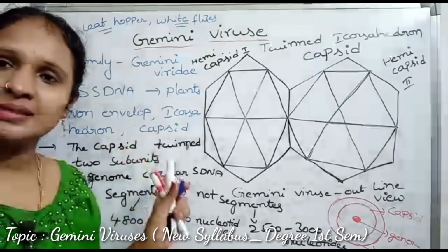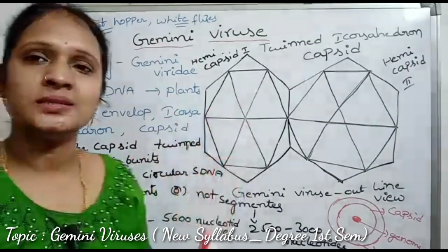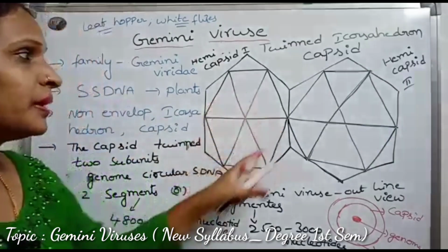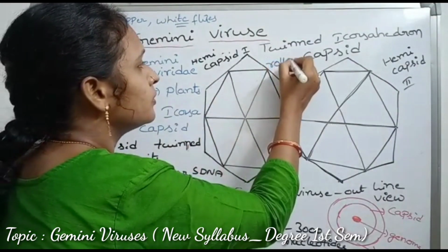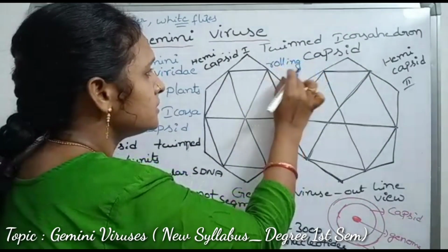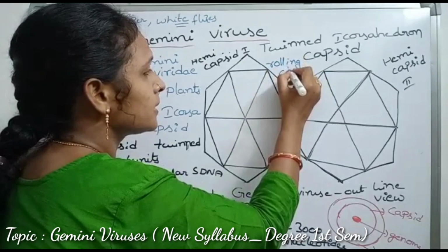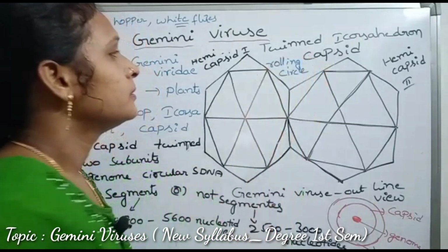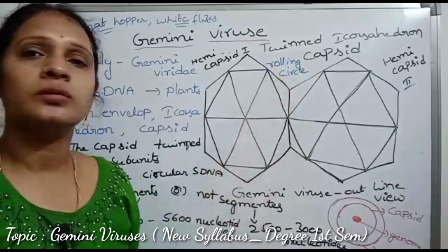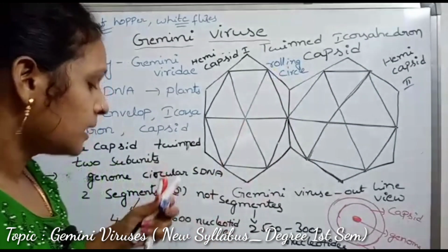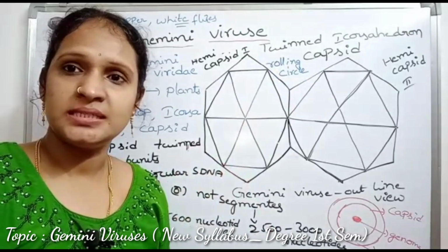Their mode of genome replication is rolling circle. So Gemini viruses utilize rolling circle replication for their genome. And how do we identify Gemini virus diseases?